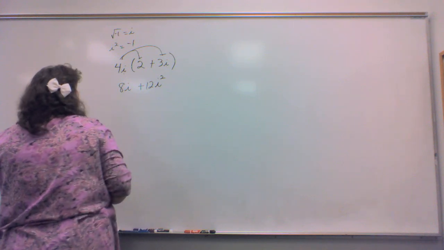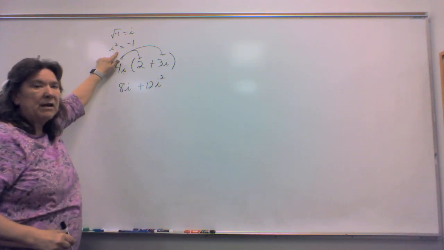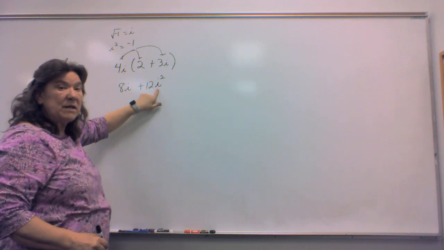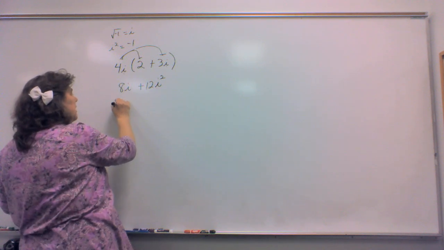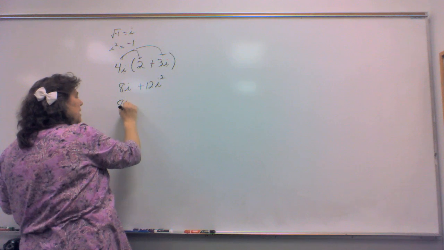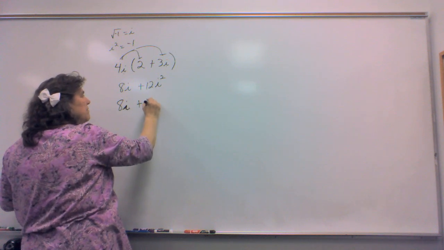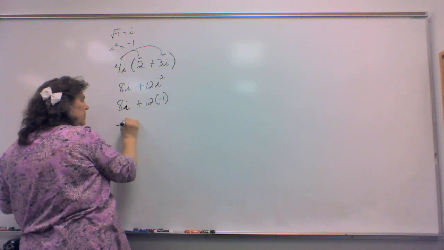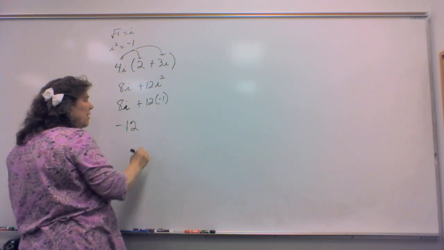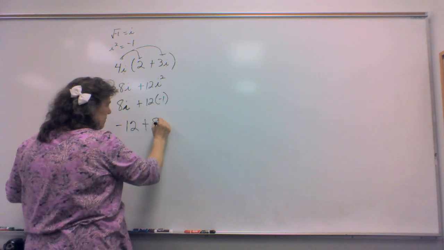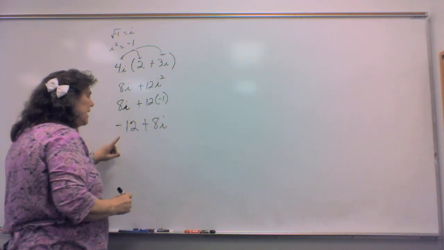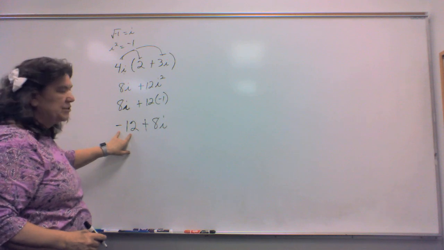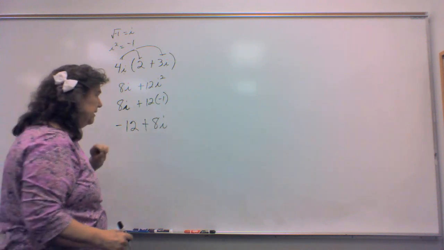Now remember, earlier we talked about i squared being equal to -1. So we're going to substitute that -1 in for i squared. 8i plus 12 times -1 makes this -12. Now that's the real part of my statement and the imaginary, so I have to change the order because my real has to be first, my imaginary has to be second.